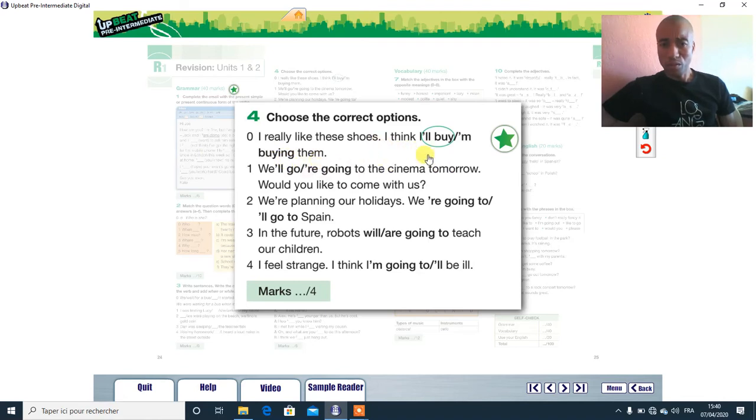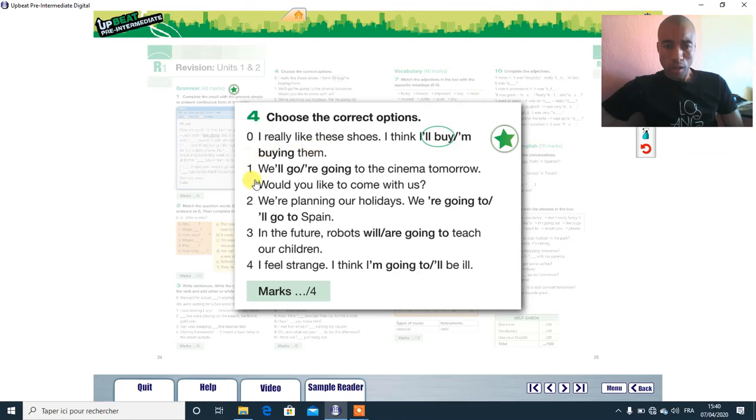For be going to, we said that it is used to talk about something that we are sure of 90%, right, in the future. And we should have a physical evidence so that we can put going to. Right.